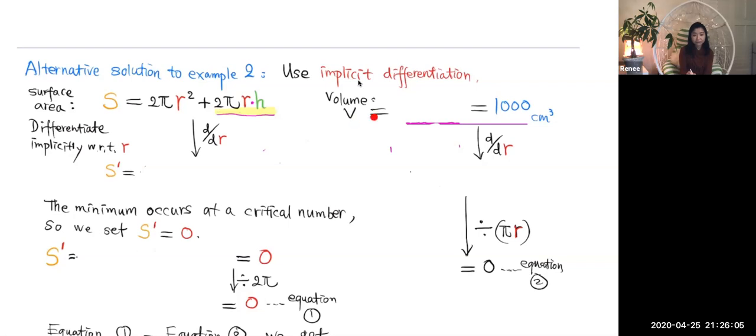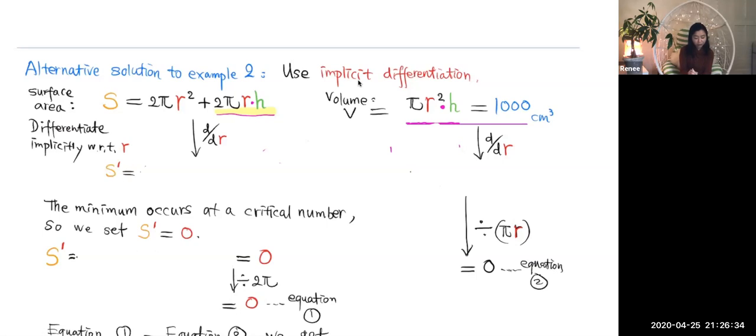And the volume for this cylindrical can here is pi r squared times h, okay? Now we're going to differentiate implicitly with respect to r. So differentiating s with respect to r, we get s prime, the derivative of the function s with respect to r, okay?